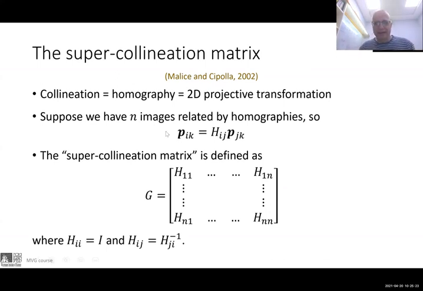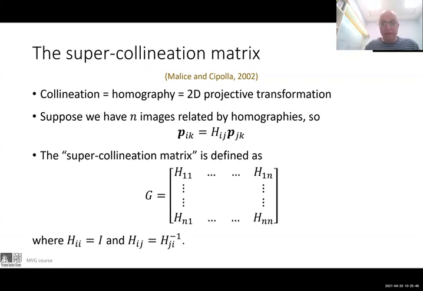So the diagonal is identities, but otherwise Hij would be the Hij 3 by 3 block in this G matrix. And there are some constraints. So Hii is identity, as I said, and Hij is the inverse of Hji. That makes sense, right?